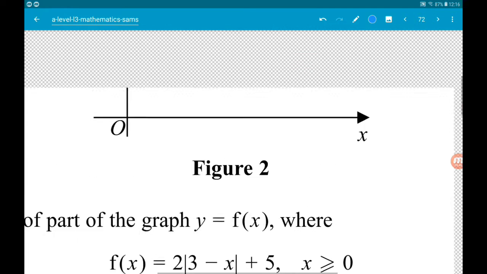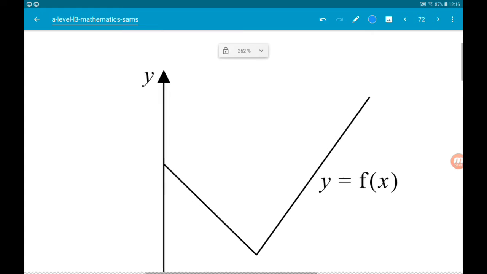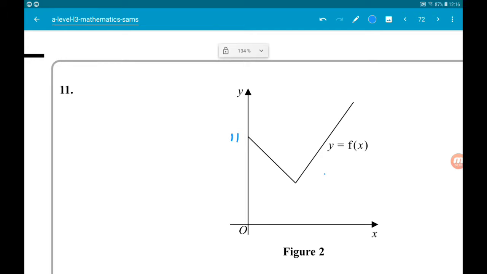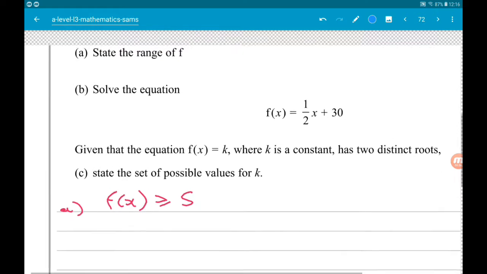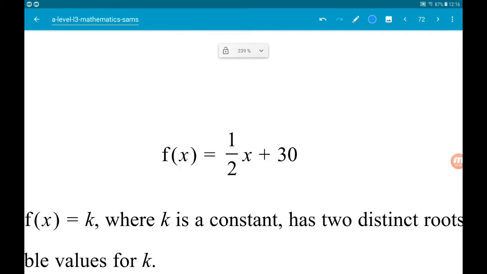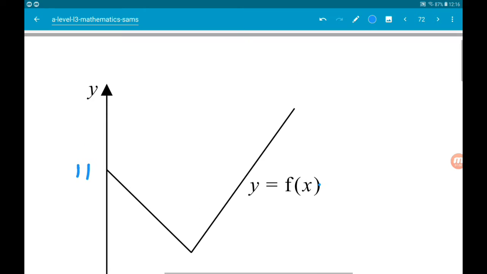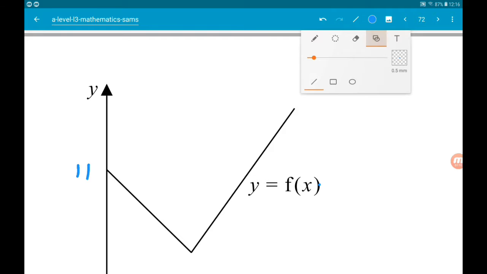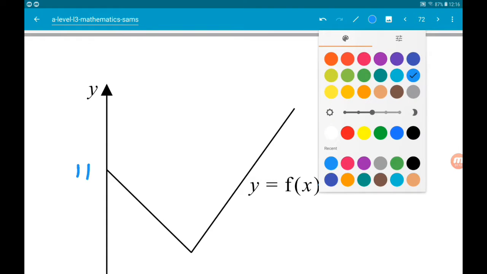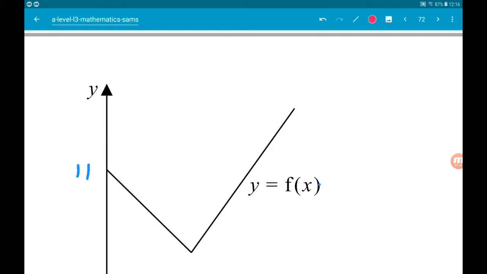So the y-intercept of f of x is 11. Now, for y equals 1/2 x add 30, the y-intercept is 30. So, y equals 1/2 x add 30 is going to look something like that.